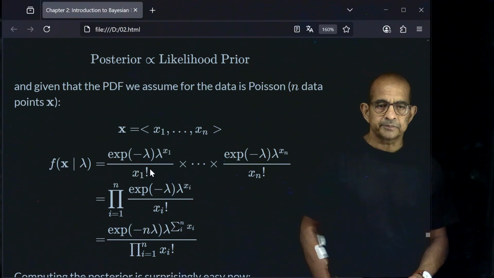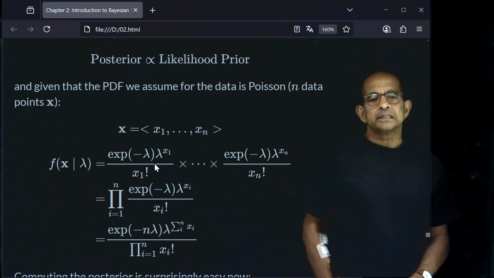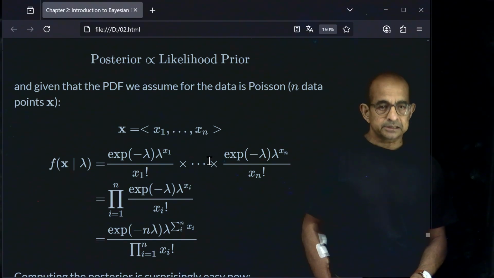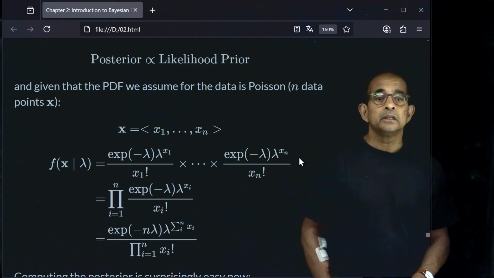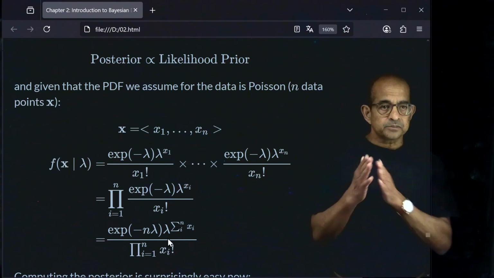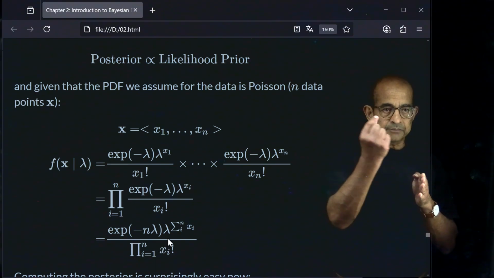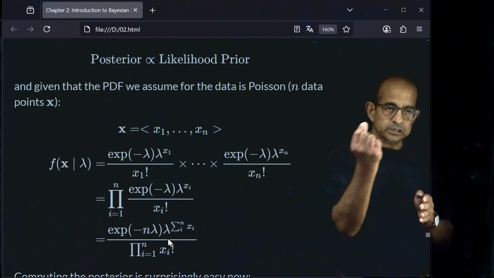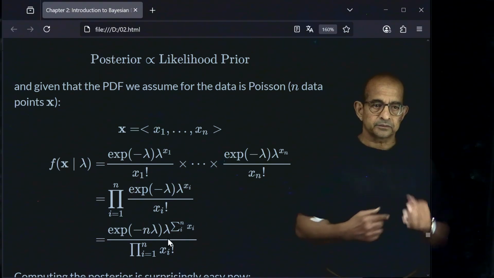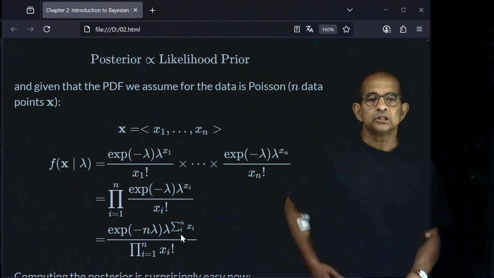So notice what's happening here. I've got lambda to the power of x1, lambda to the power of x2, lambda to the power of x3, for all the data points, all the way up to lambda to the power of xn. So I've got lambdas multiplied with each other, and each of those lambdas has the exponent x1, x2, x3, x4, x5, all the way up to xn.